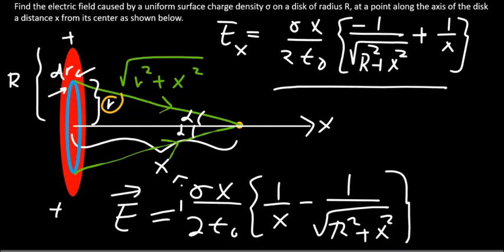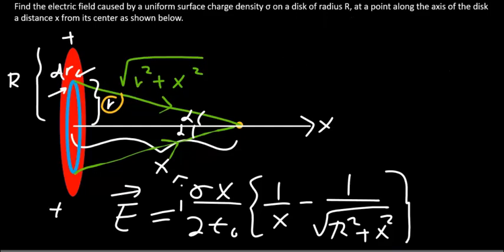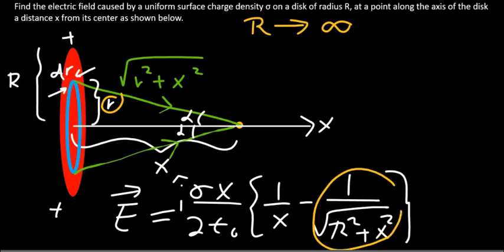I hat. Now let's analyze an important limit. What happens if the disk becomes infinitely large, becomes an infinite plane of charge? That means we have to set R to go to infinity. If you do that, then this term right there will go to 0, because the denominator is so large, the inverse of that very large number goes to 0.